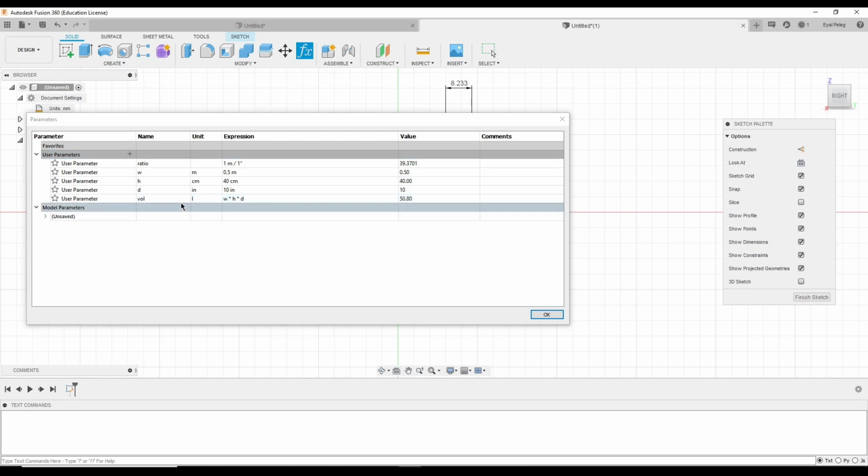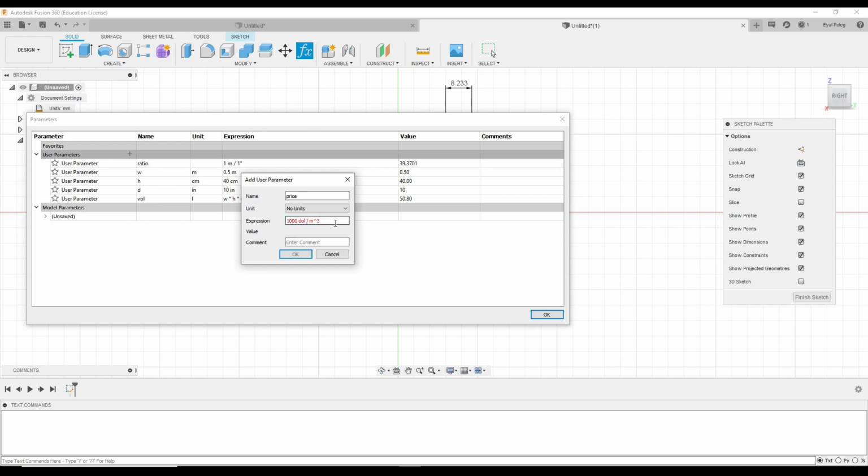Now let's say that we know that the price for this type of material is $1,000 per cubic meter.